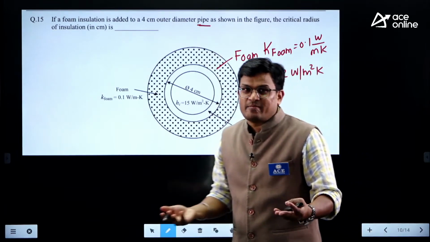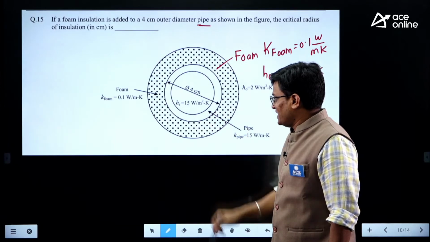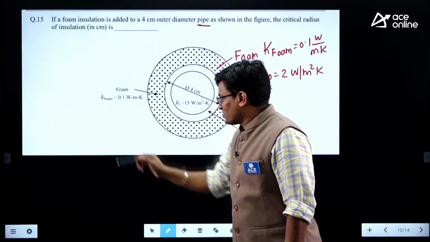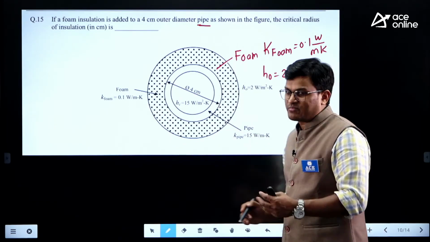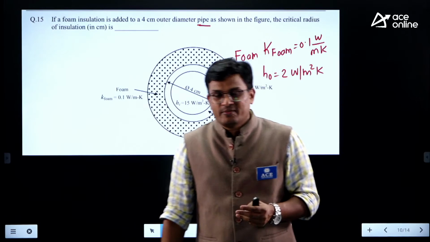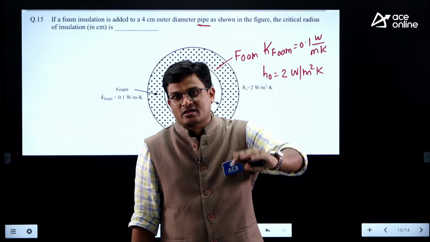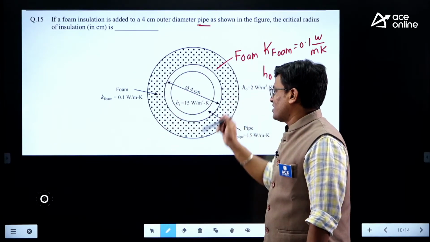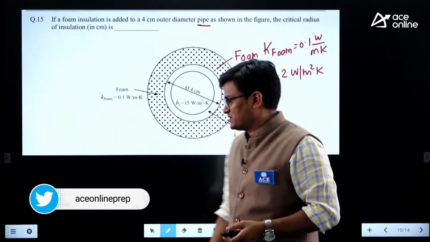You may say K by H, but make sure that in this case HI is also given inside, H naught is also given outside, K of foam is also given, and K of pipe is also given. But the pipe thermal conductivity we never consider, because in the assumption we neglect the thermal resistance of pipe, and inner HI we will not consider, because from inside insulation there is no concept of critical thickness.